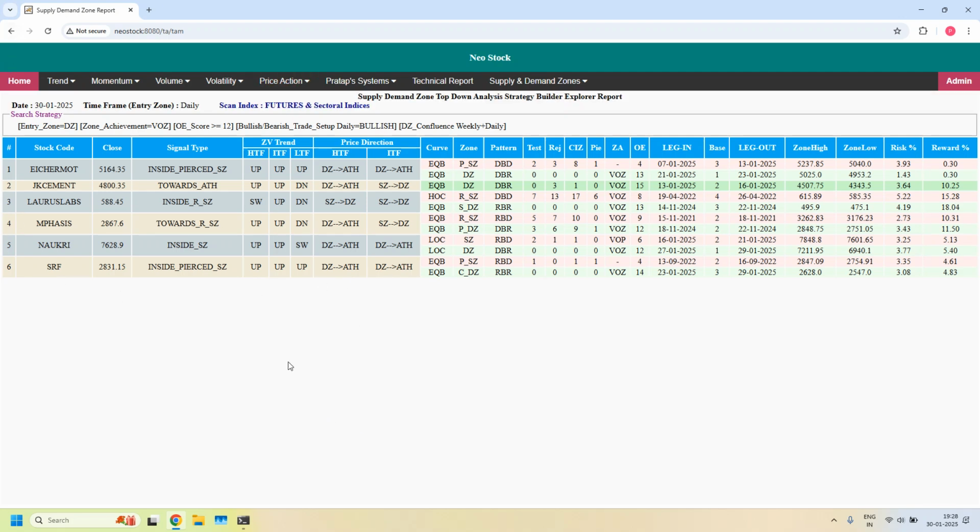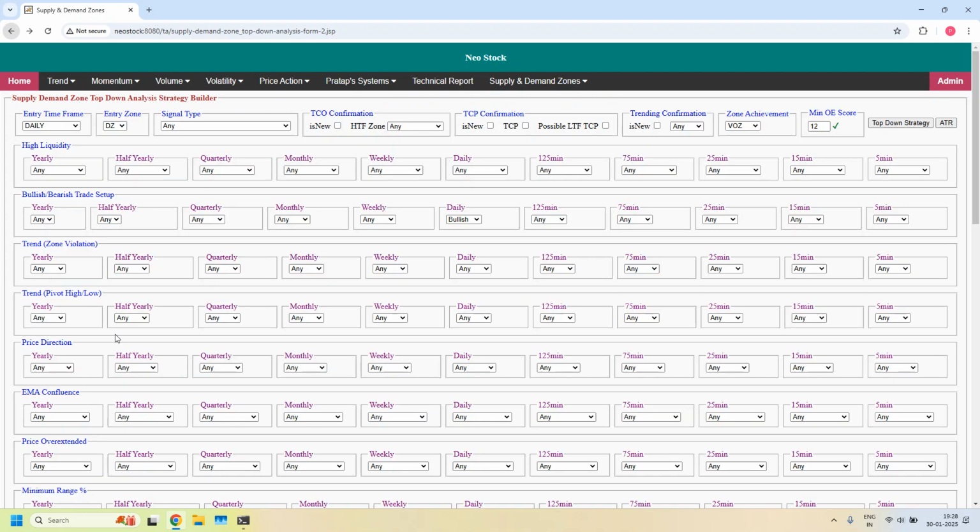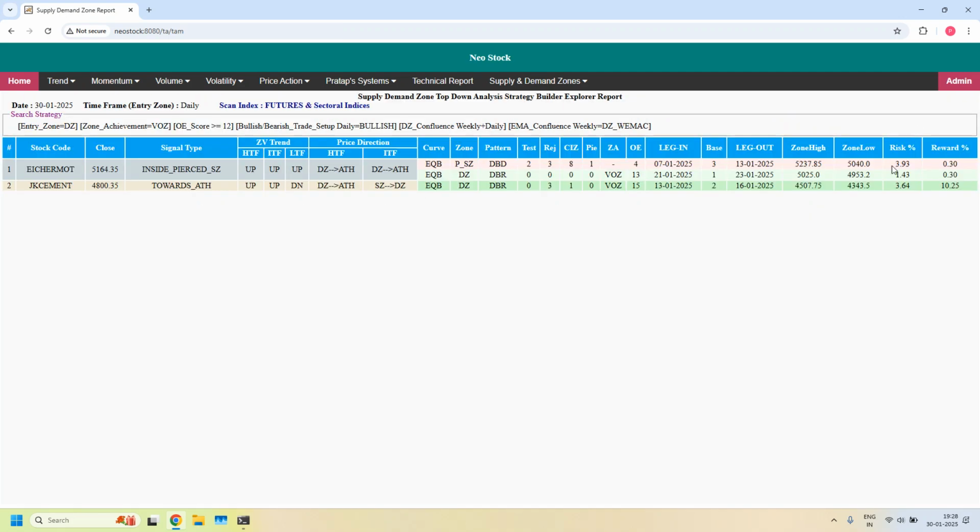If that is the case, those stocks will be even more high probability trade setup supported stocks, the daily demand zones. So in the EMA confluence at weekly time frame, because the daily zone is part of the weekly zone, we are setting weekly demand zone having weekly EMA confluence. With this filter, we got 2 stocks. So these 2 daily demand zones are even more high probability trade setup supported zones, bullish trade setup.